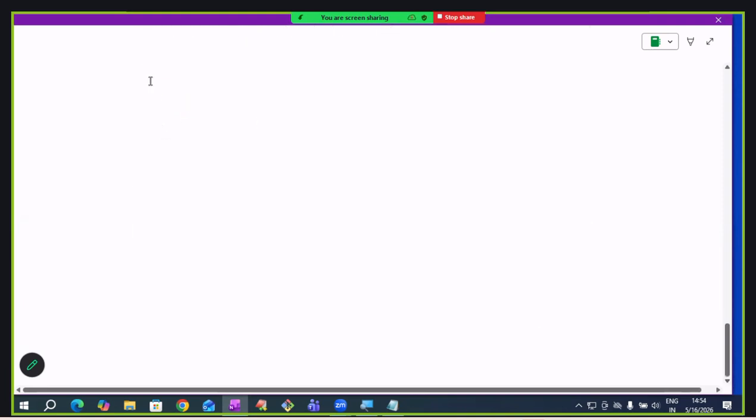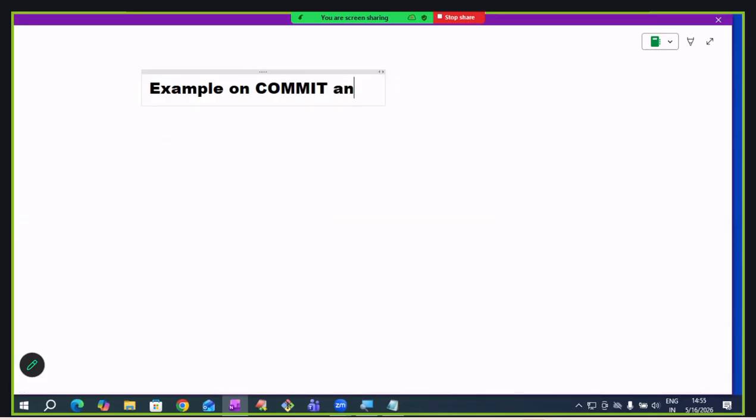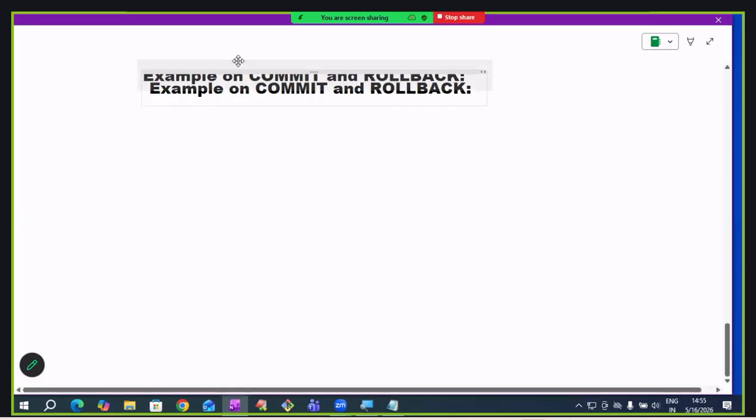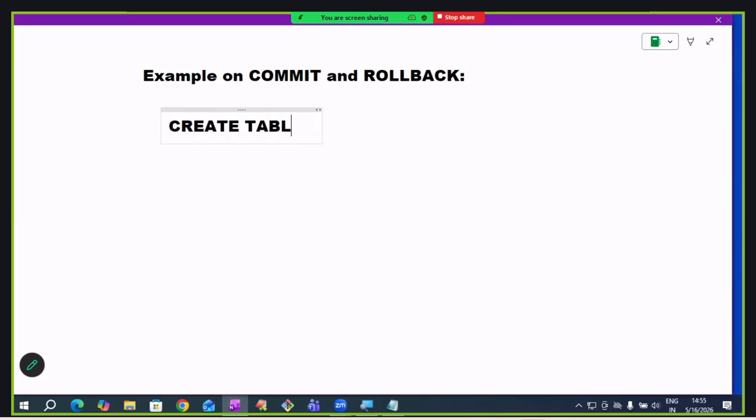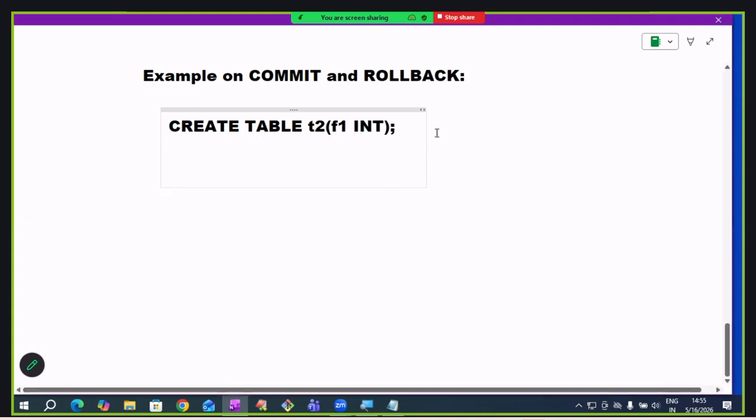Now see an example on commit and rollback. Understand this now? I am creating one table like this: create table T2 with column F1. Now the table is created permanently in the database.